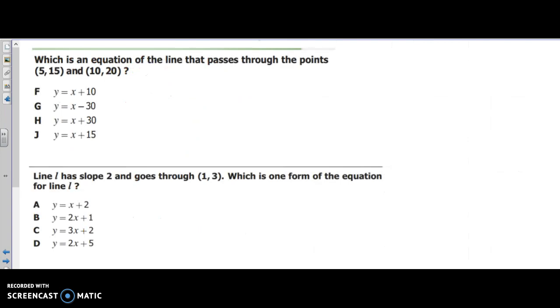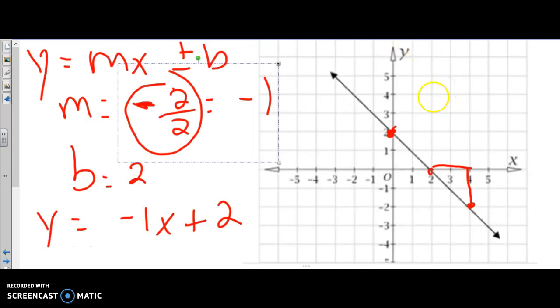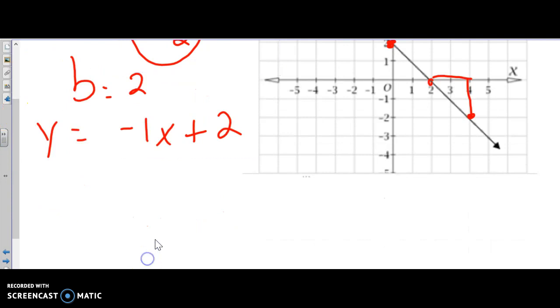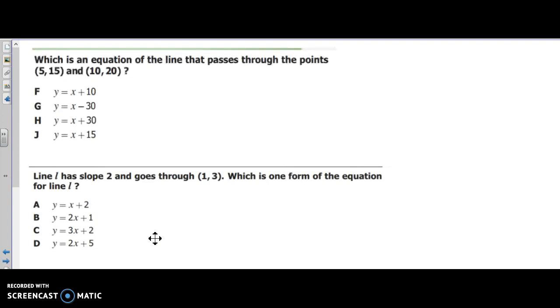Okay. For these problems right here, oh, by the way, you're going to be asked to find the slope, the equation of a graph, and sometimes it's not in y equals, and you have to put it in y equals yourself. For these questions, it's asking what is the equation? When your answer choices are in y equals, go to y equals.